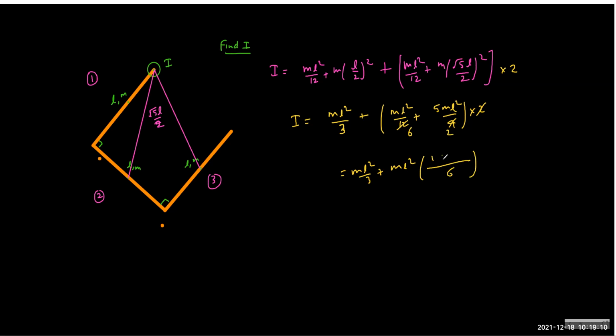LCM is 24, so 8 plus 15, 23 by 24... Okay, the arithmetic works out to the same total. Correct. This is the right answer.